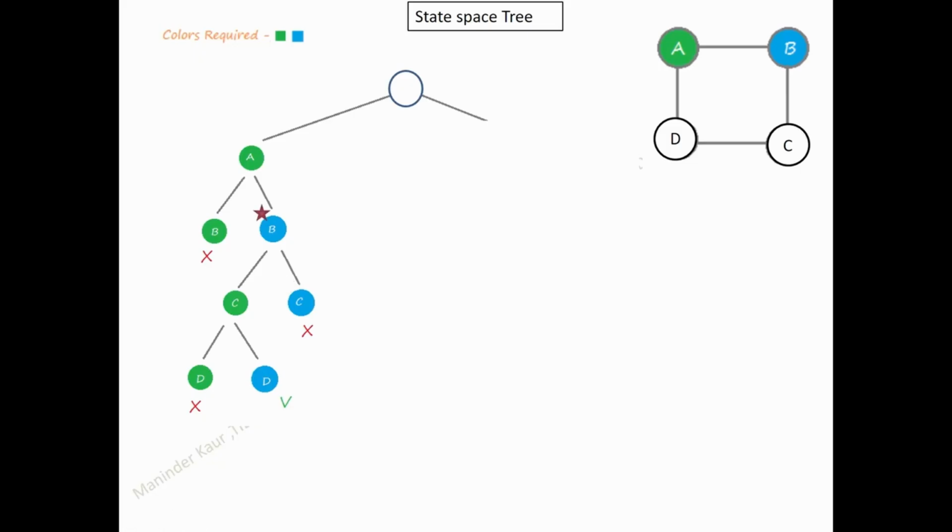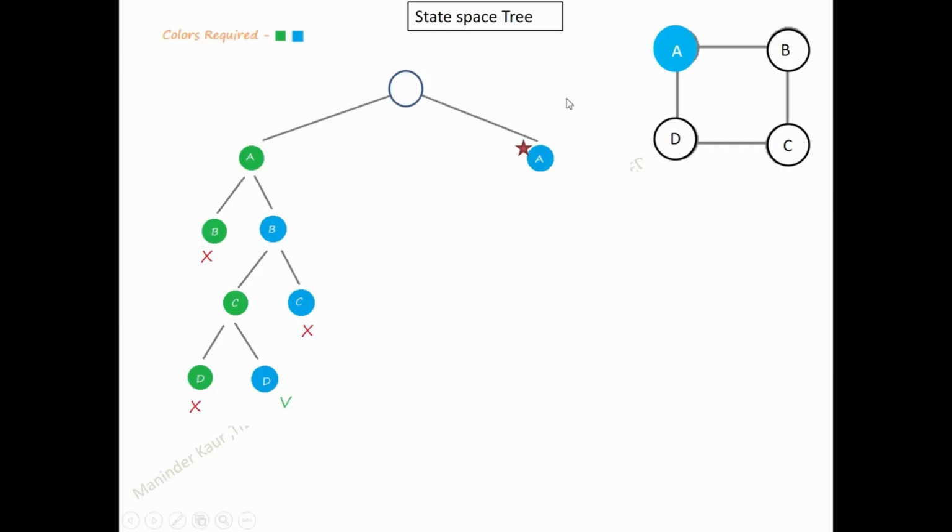Now it will again do backtracking. That means you will try to explore a new color for B, but B has already consumed its set of colors. Now we will backtrack and try to color A with blue color.